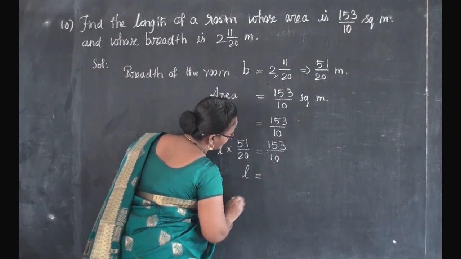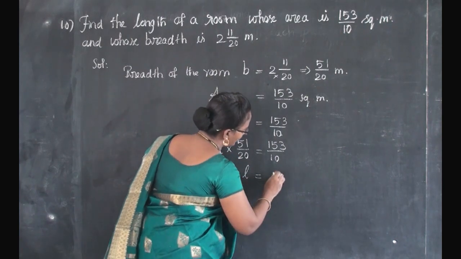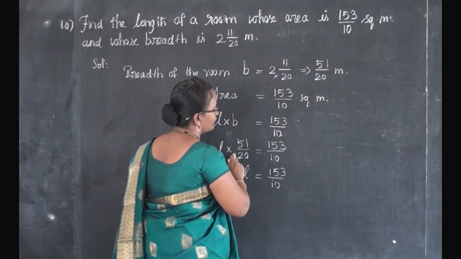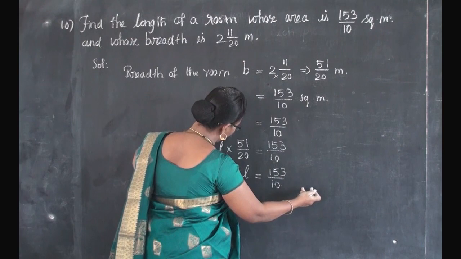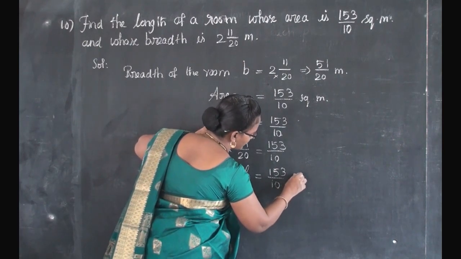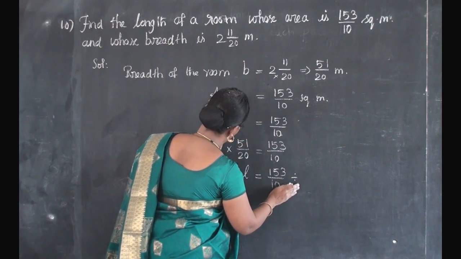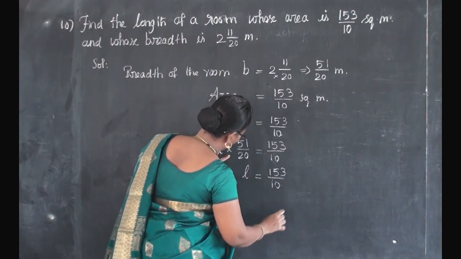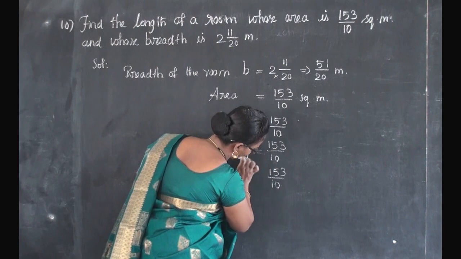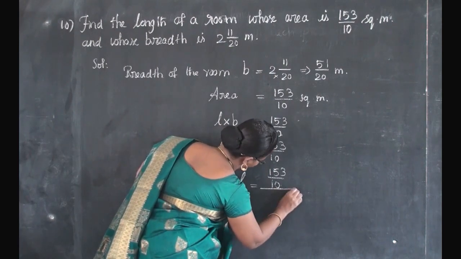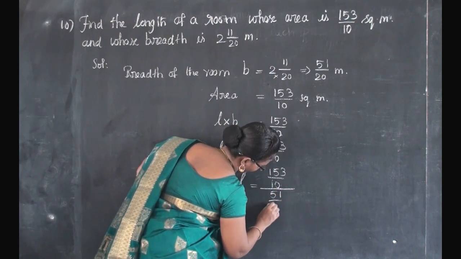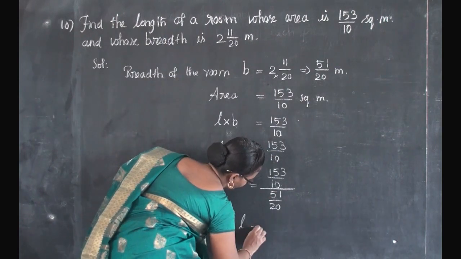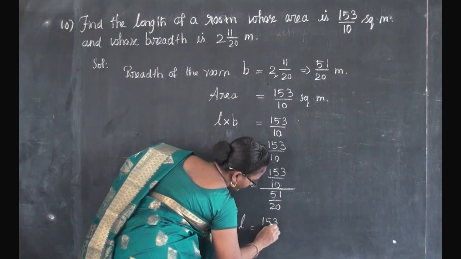Now length is here and 153 by 10. Bring that 51 by 20 to that side, it will become division. I write down like this.